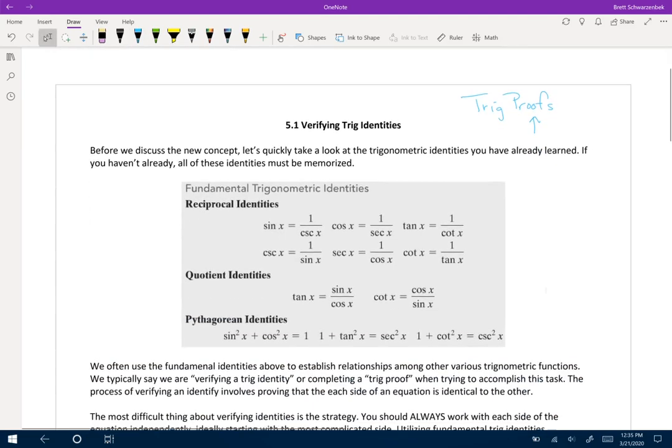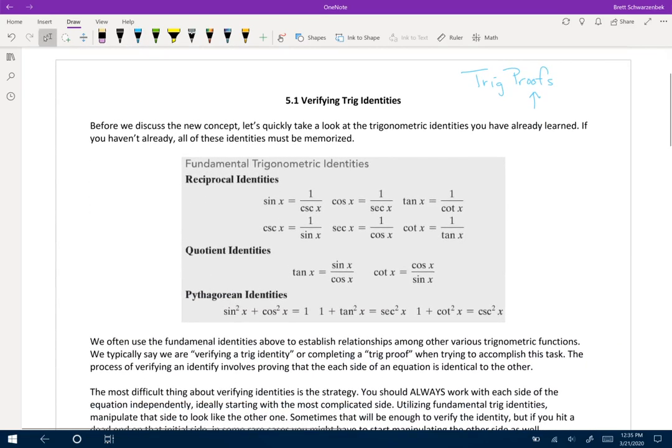Basically, the idea is that along the way you have learned all of these trig identities. You've learned originally the reciprocal ones, which many of you knew coming into class, and then we have the quotient ones that are tangent and cotangent, sine over cosine, cosine over sine. And then you have the Pythagorean ones, which are the famous sine squared plus cosine squared equals 1.